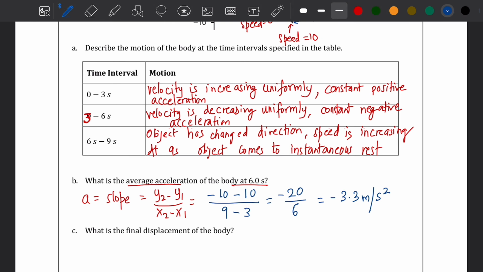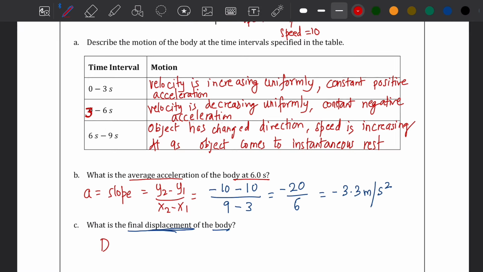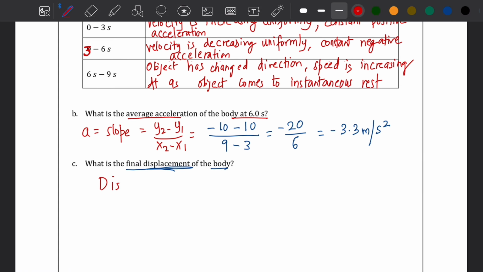Then it's asking us what is the final displacement of the body. So displacement is area under the graph. It's asking for final displacement, which means we want to find the area of the whole graph. So let's first write down displacement is equal to area under graph.